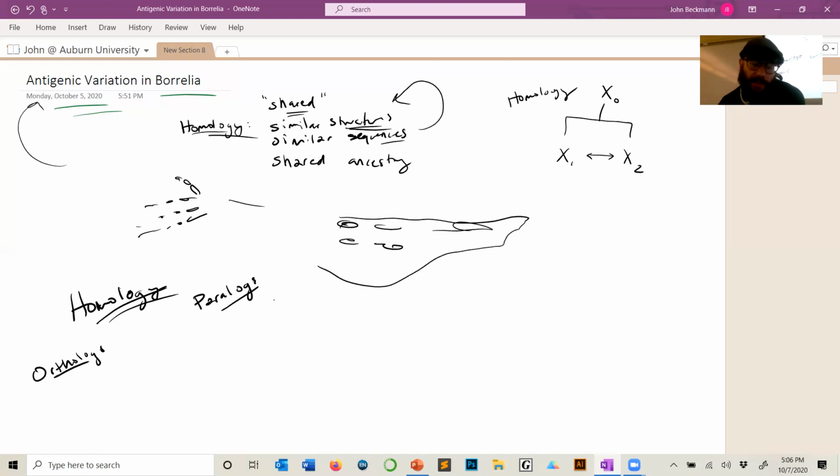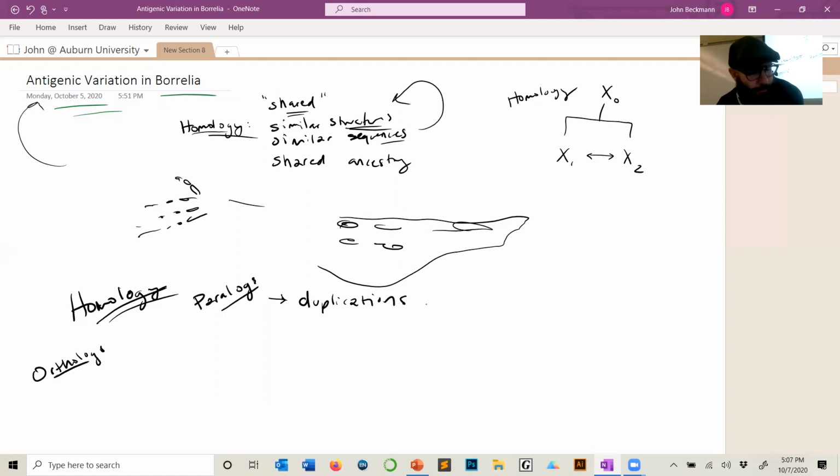So paralogs, does anybody know what that is? What does parallel make you think of? Something that shares a similar function, but came from different places. No, that's not quite correct. Paralogs are usually derived from genetic duplications.